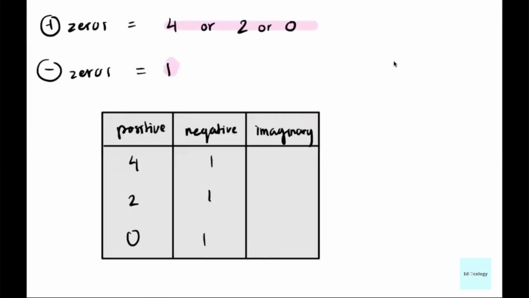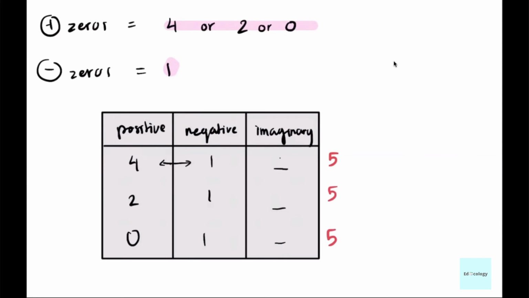So you will write 5 here. Okay? Now, for the imaginary, you will find them by adding these two numbers. So 4 plus 1 is 5.